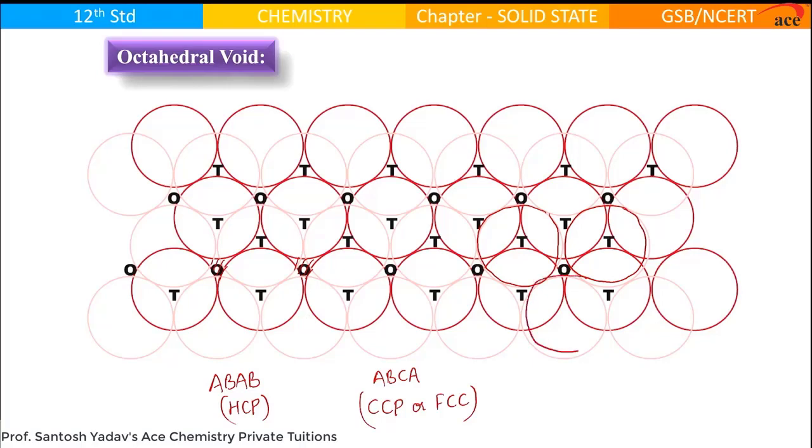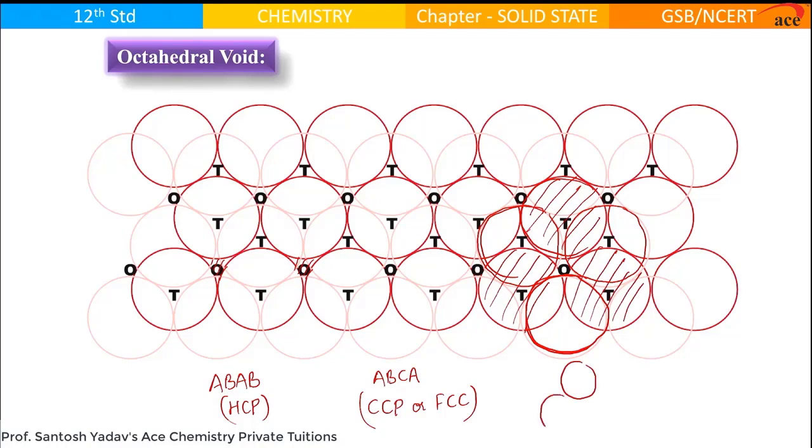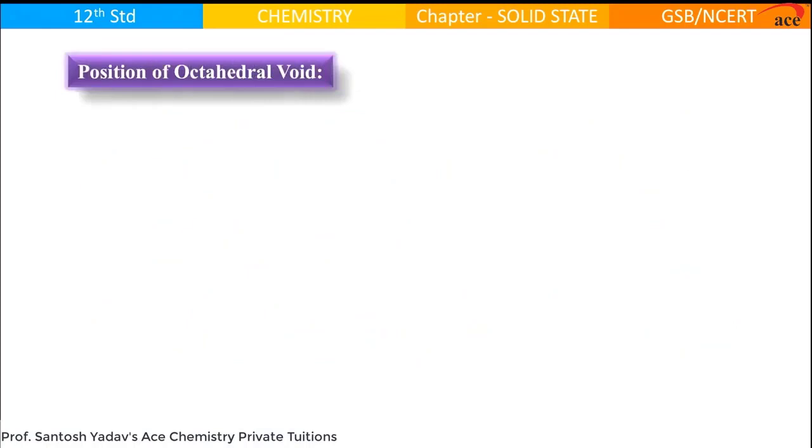They appear like a triangle, and above that, there is another triangle, and whatever void is trapped is called an octahedral void. So, we remember it as a lower layer of a triangle and an upper layer of a triangle, and whatever void is trapped is called an octahedral void.